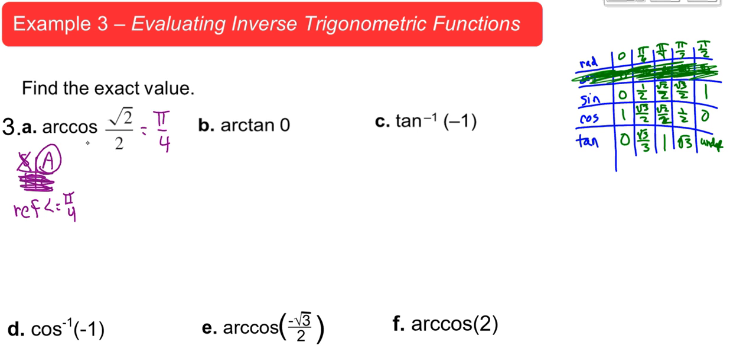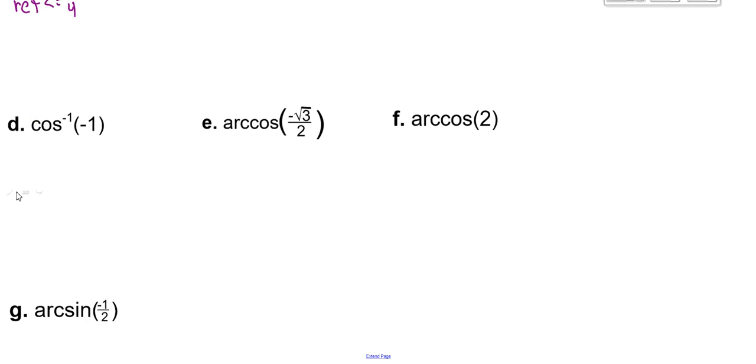Take a minute and do B, C, and D, and we'll compare those. I'll actually go ahead and do all of them. I want to go over E and F. So I'll show my work for B, C, and D, and then I'll just go over E and F. And then there's actually a G as well. So I'll go over all of those.